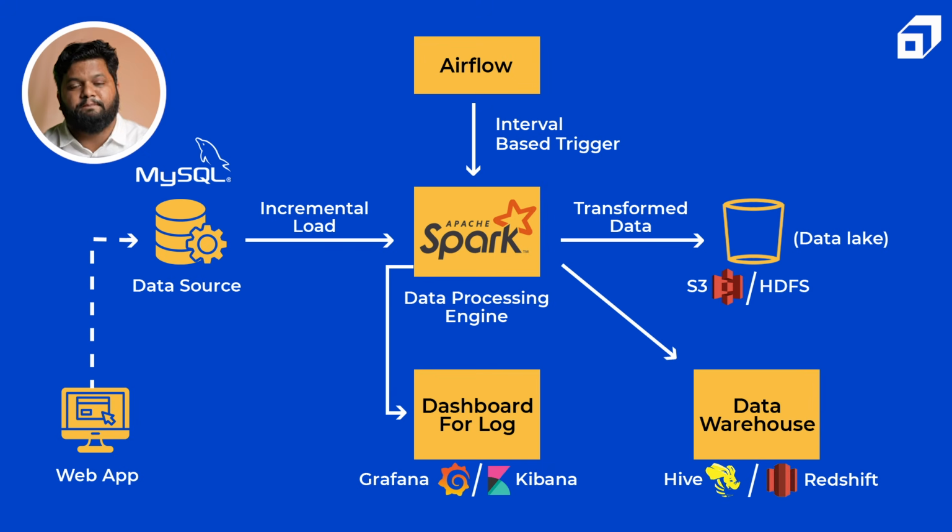And at the end, the last layer will be the presentation layer, where either we can populate a dashboard which will be used by our business users for querying and data representation, or we can provide direct access to our data warehousing services where our end users can run their ad hoc and analytical queries and get meaningful insights from this transformed data.